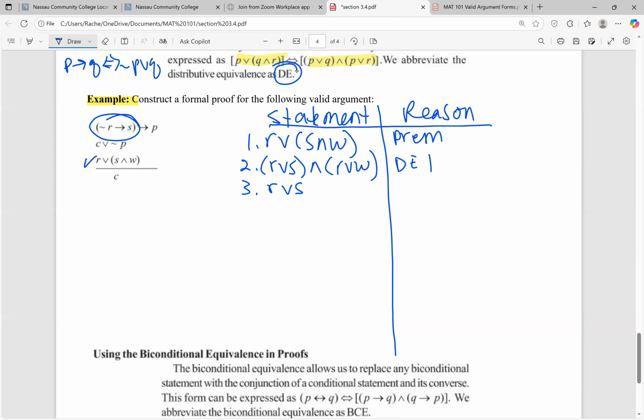But I'm seeing that the left-hand side of this conditional in the first premise is equivalent to R or S. So let me just state R or S is true, right? By my conjunctive simplification of statement 2. And then I could say, okay, this is equivalent to not R implies S, right? Because of my conditional equivalence of statement 3.